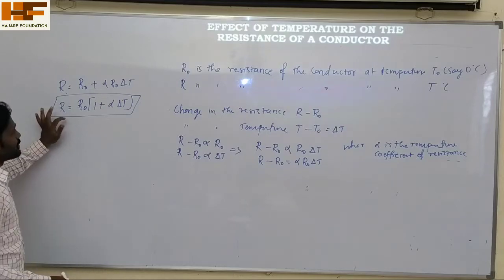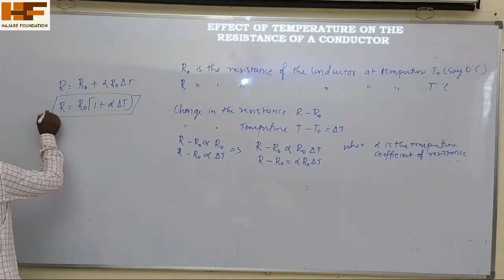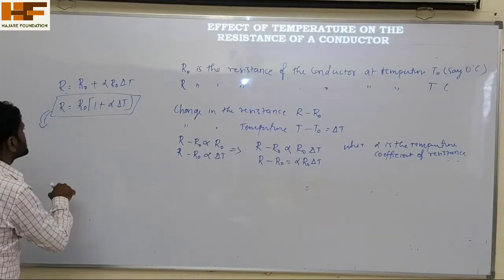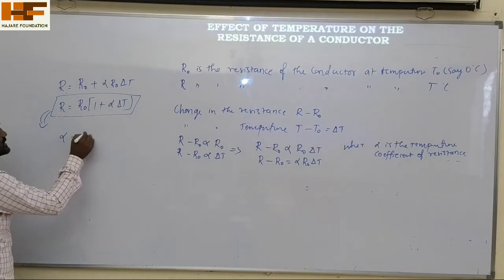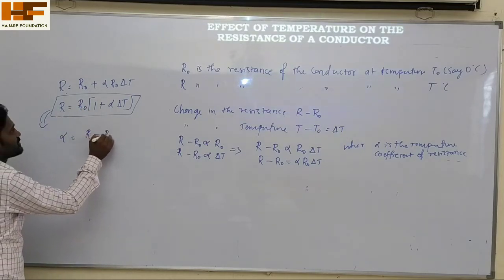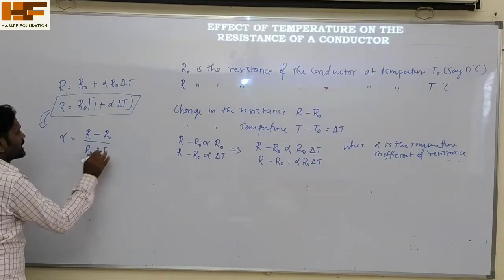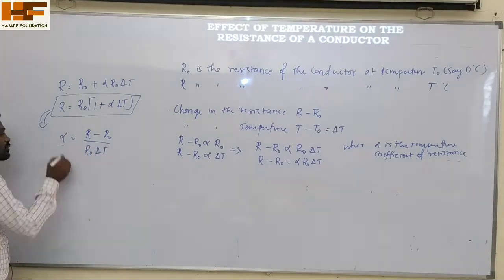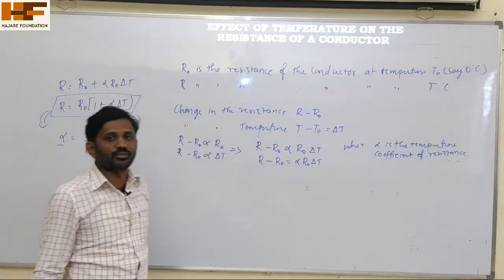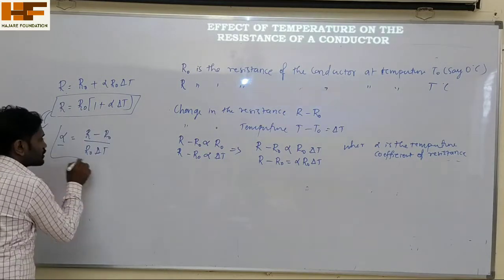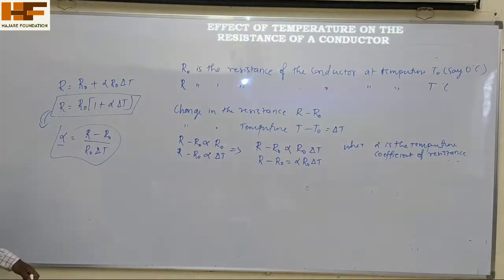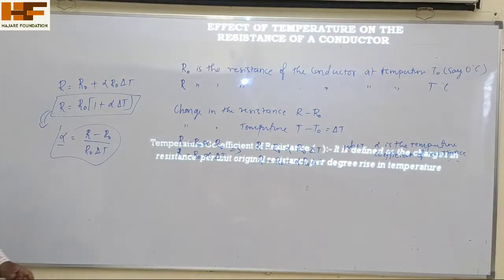This is a very important relation. We can also write this expression as alpha is equal to R minus R naught upon R naught into delta T. We have to define the temperature coefficient of resistance using this. How do we define it?